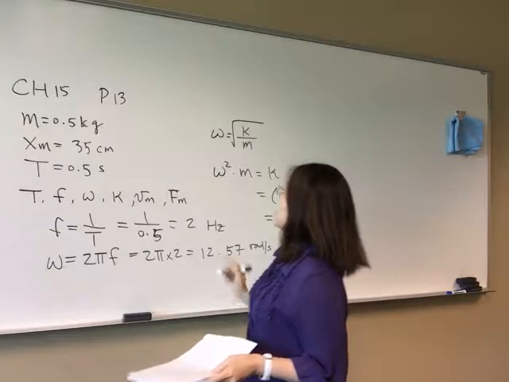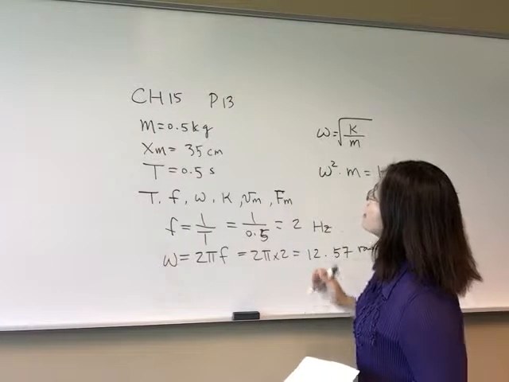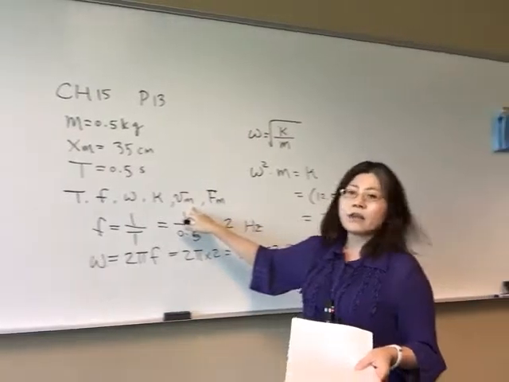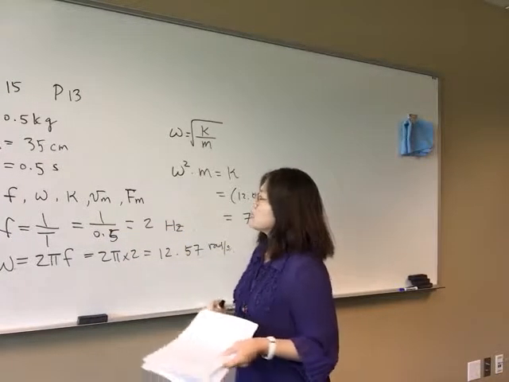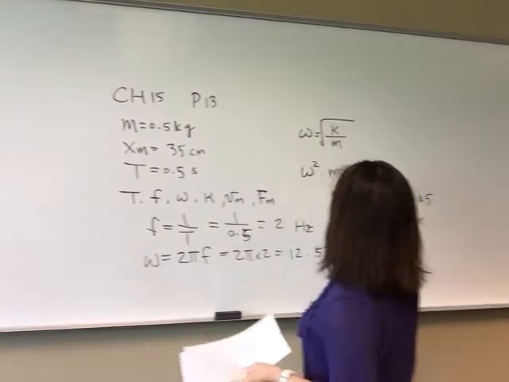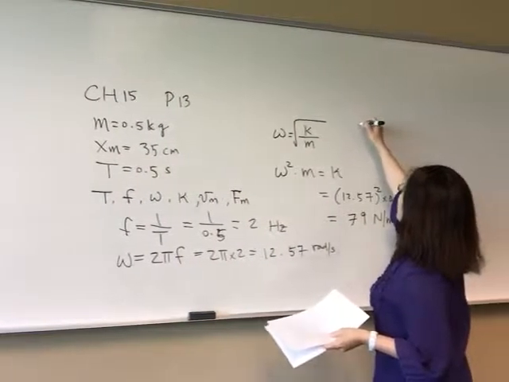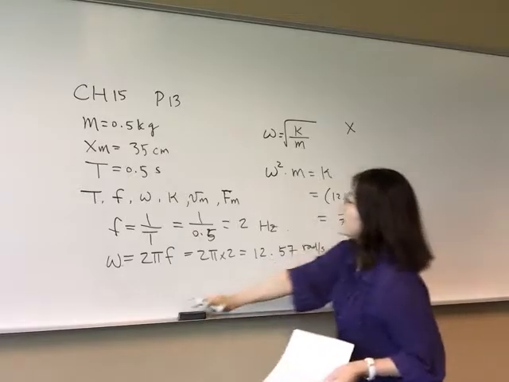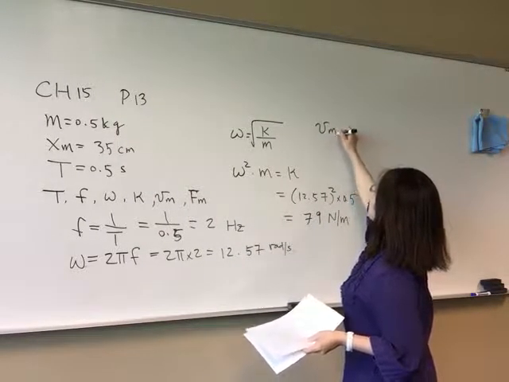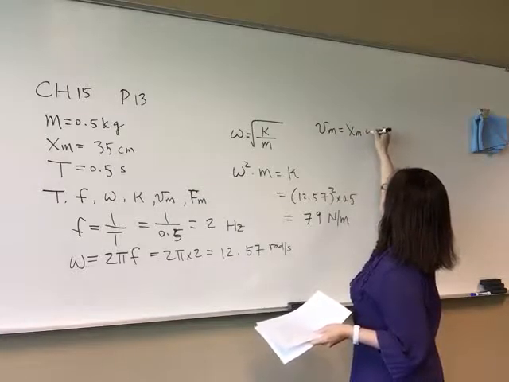Okay, so this is what you have, and then you also find the Vm, which is the velocity amplitude. How do we find the speed amplitude? Remember, your Vm and xm are related to each other. So your Vm is equal to xm times omega.